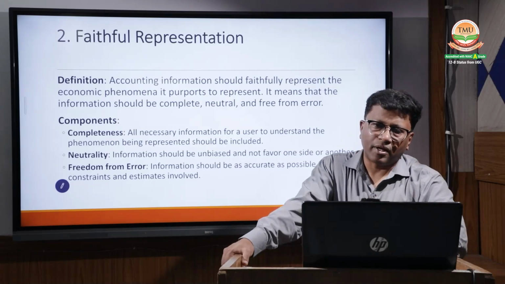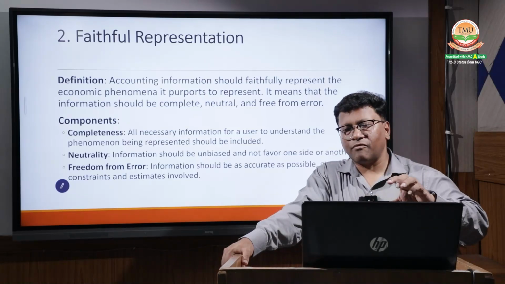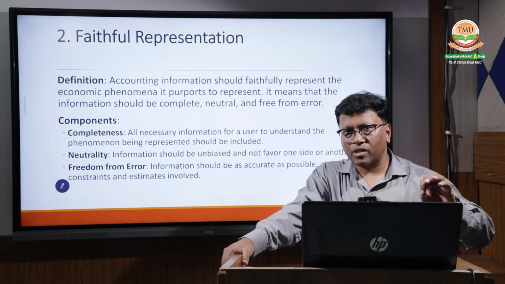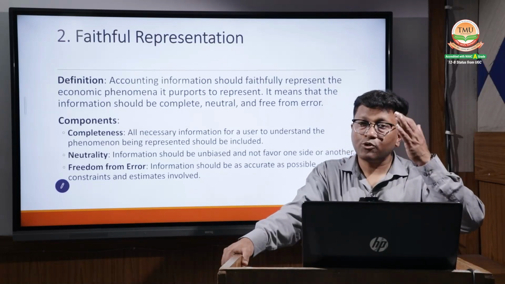So there is no use of the accounting, right? So an accounting system is that system which represents the true, clear picture of the business firm, and it should be complete.